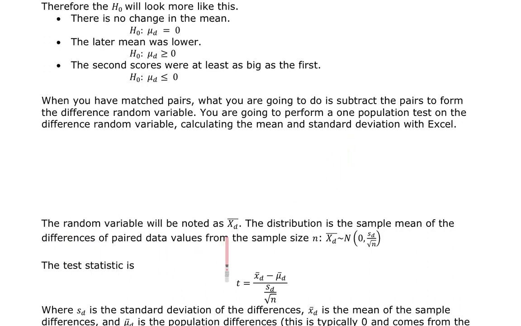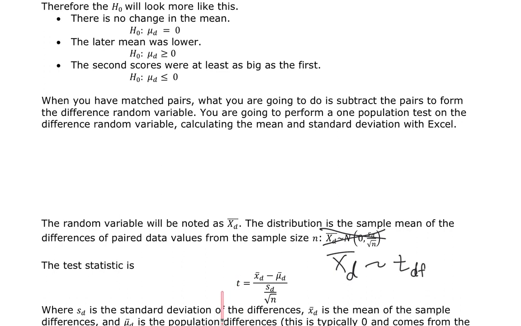The random variable that we are going to be using is a capital X bar sub D. That shows that we are in the mean of the differences, and we're going to be using a t-score. So X bar D is a t distribution with the degrees of freedom.